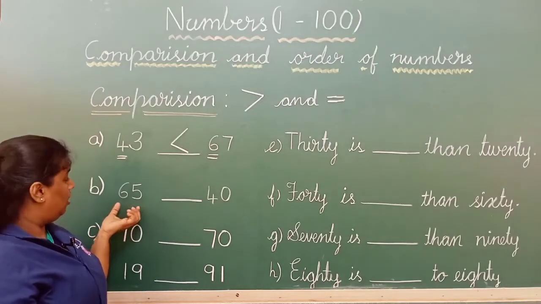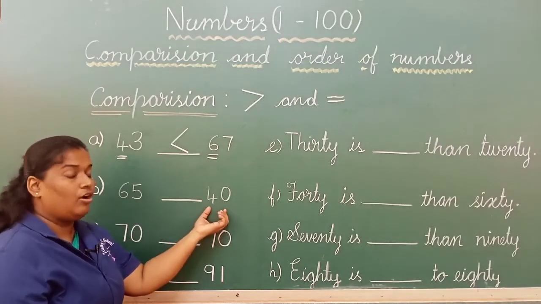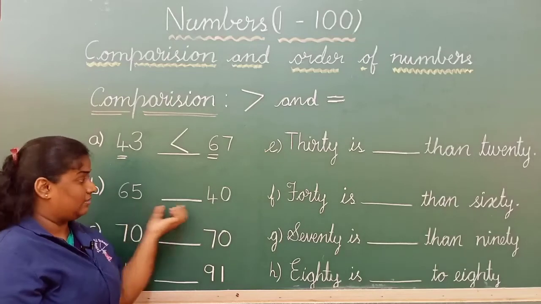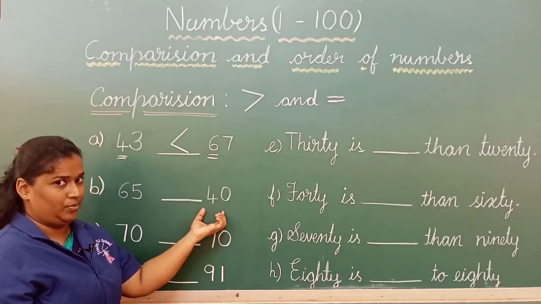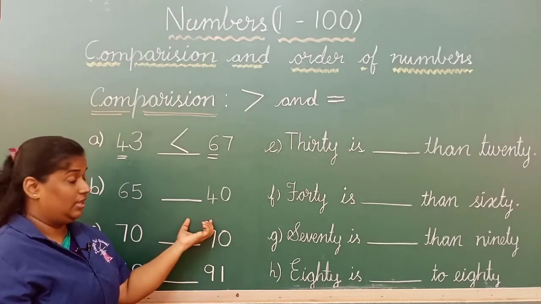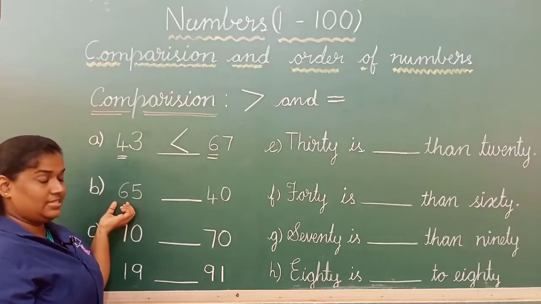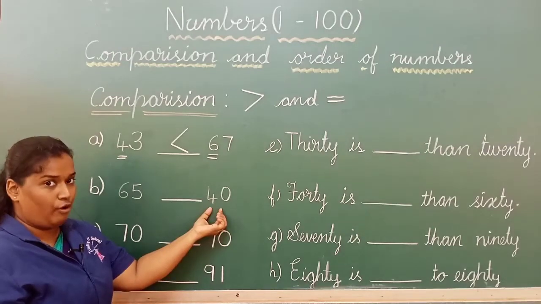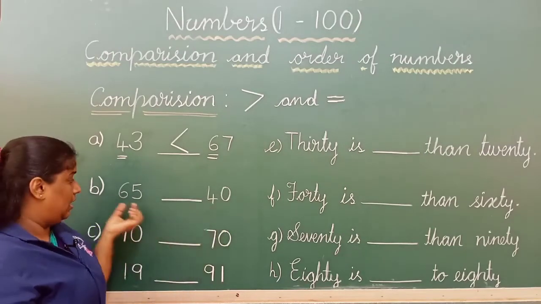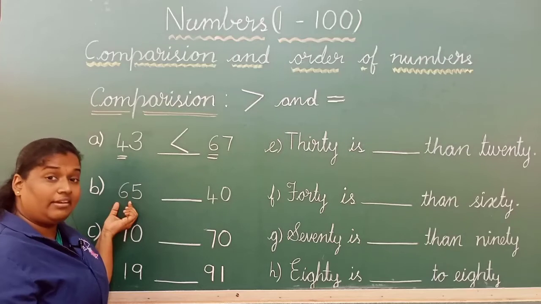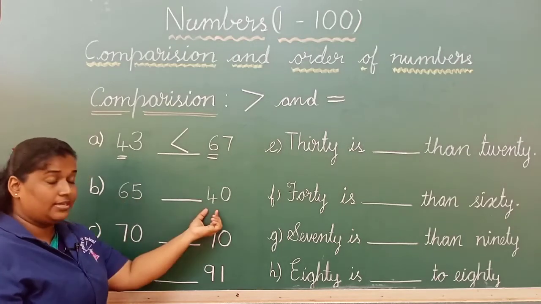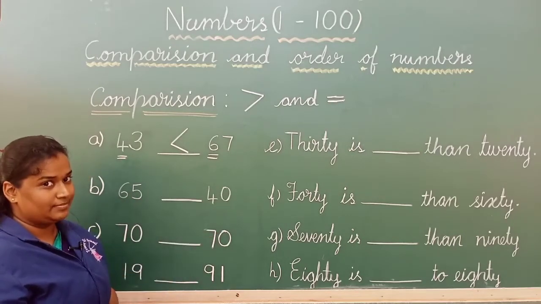Question B. 65 and 40. Are they equal? No, they are not equal. Now compare the tens places. 6 tens and here we have 4 tens. Now tell me, is 6 tens greater or smaller than 4 tens?